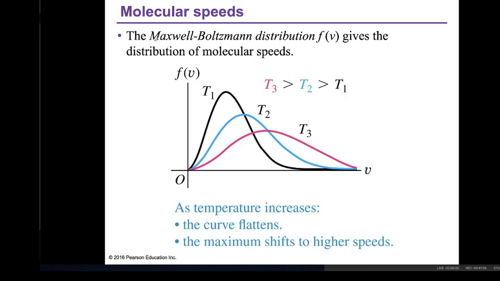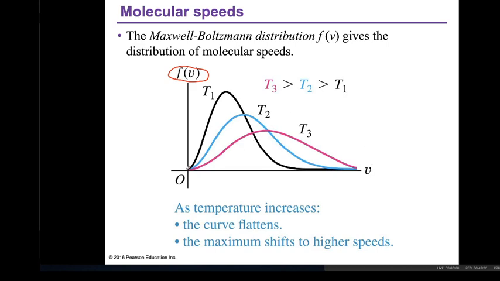Molecular speed. The Maxwell-Boltzmann distribution gives the distribution of molecular speeds. Let's say you have different temperatures, T1, which is a low temperature. In this figure, the vertical axis is the frequency of molecules against the velocity.